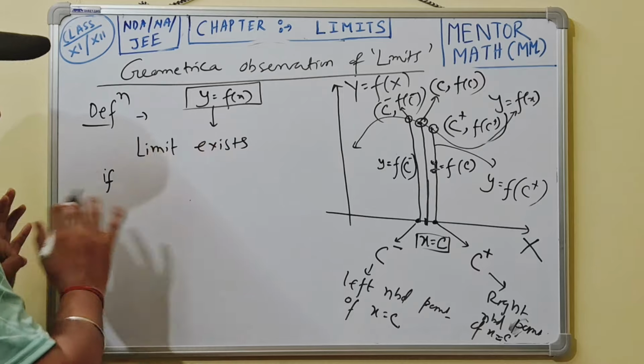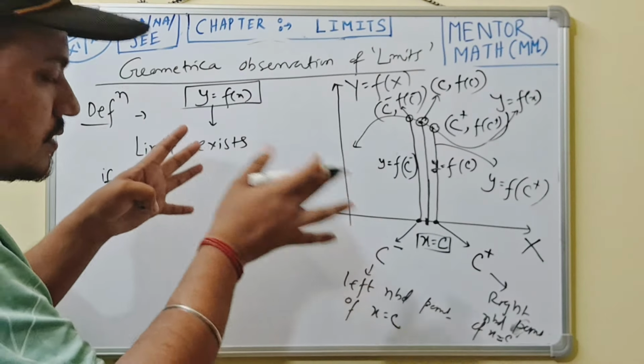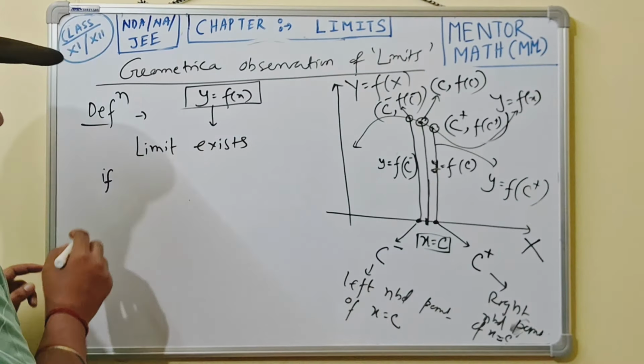This is the geometrical observation, and after that you can write the mathematical definition.